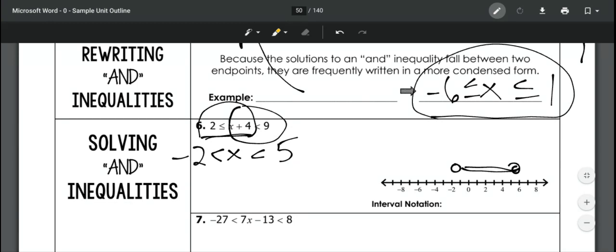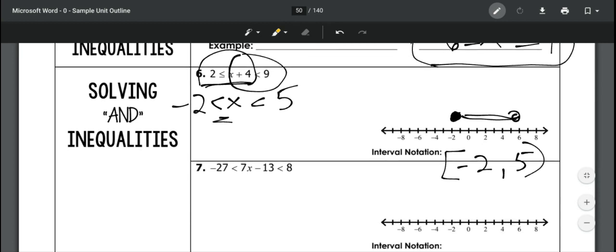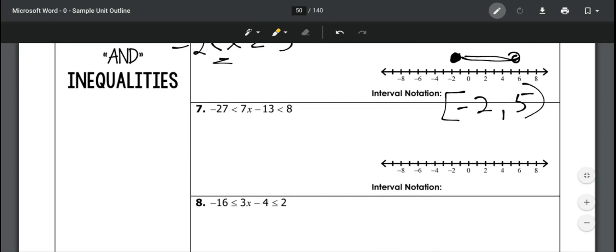Oh, I didn't catch that. That should have that line underneath there. So this one should be colored in, but not the other one. Okay, so we have brackets at negative 2, comma, 5, because it doesn't go on forever, so we don't want those infinity symbols. Just everything in between there.